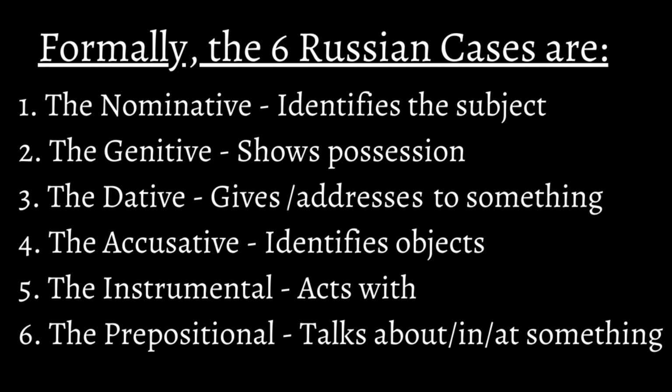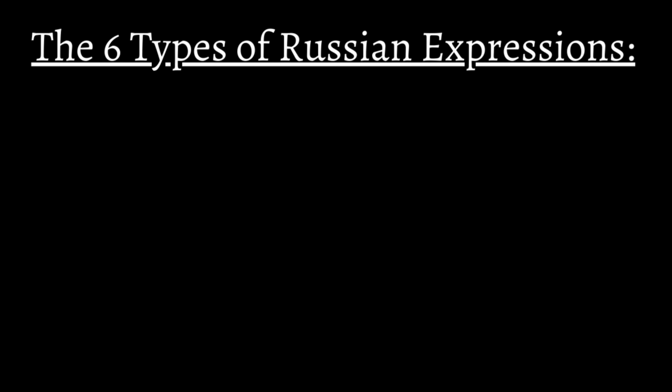Learning them formally is one thing, but applying them in a sentence is different, which is why I'll give a more thorough explanation using my personal definitions. I'll still keep the formal definitions next to my personal ones to make learning simpler and legitimate. Nonetheless, here is my explanation of the 6 Russian cases. The 6 Russian cases can be redefined as the 6 Russian expressions because each expression generates a different meaning when put into context.